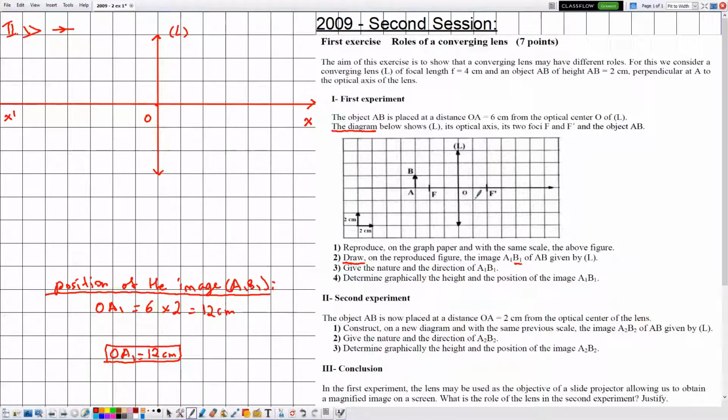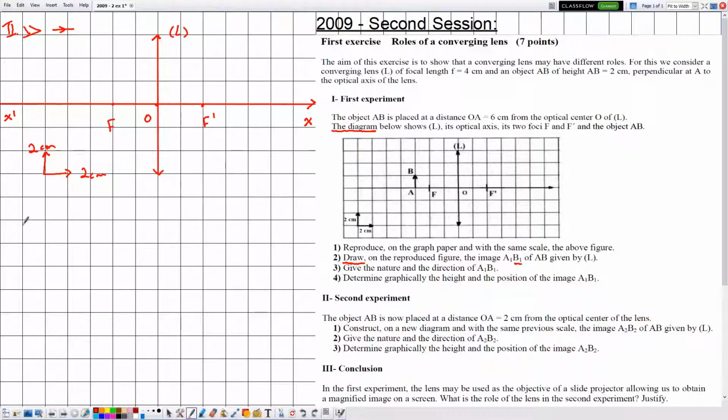Now because we didn't change the lens, therefore the position of the foci will not change. F and F prime are symmetric with respect to O, and the focal length is given by 4 centimeters. So finally here the scale is given by 2 centimeters along the x-axis and 2 centimeters along the y-axis. So now we are ready to place the object AB in its new position.